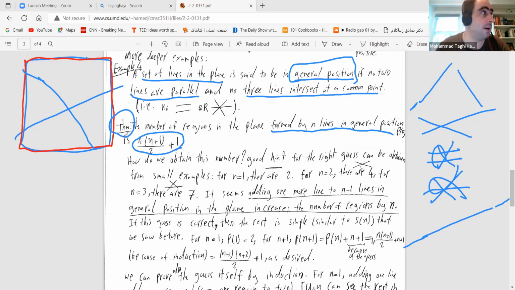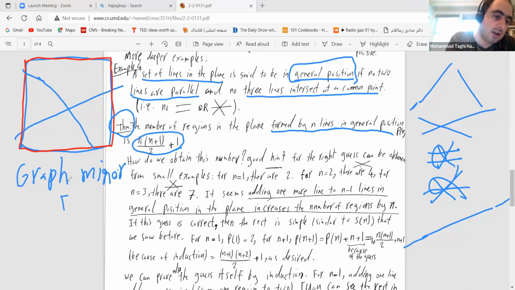There was a paper I was reading, a math paper. There was a theorem called the graph minor theorem. The proof of this theorem is one of the hardest things.